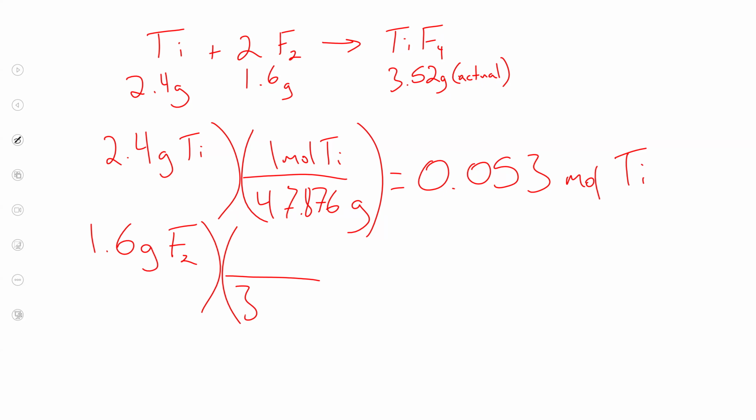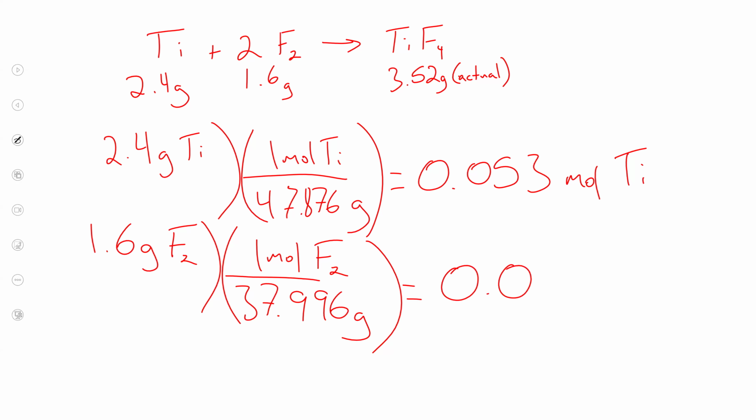So fluorine is gonna be 37.996. So something pretty close to 0.05 again, right? 0.06 maybe? 0.04. Went the wrong way with it.